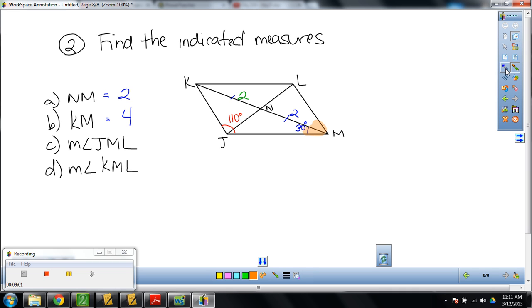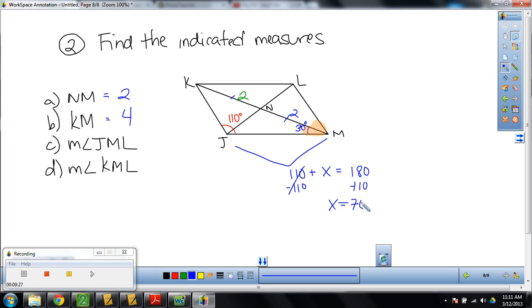And we can use the fact that J and M are supplementary angles because they are consecutive interior angles in this parallelogram. So I know that 110 plus whatever JML is, we can just call that x, has to equal 180 because they're consecutive interior. We solve.